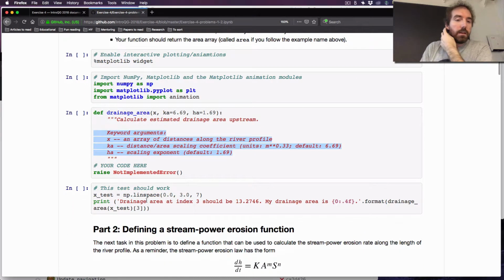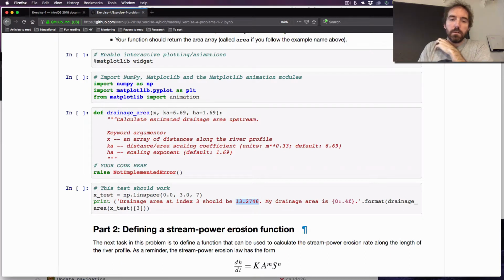So that'll be the first thing, and then you're given again like the tests in the past. Some example here where like this test should work, right? So when you run this, I give some dummy list of values of x from 0 to 3, and then it says drainage area at index 3 should be this, and then when you run your code, you should see that if everything is working right in your drainage area calculation, you should get back that value at index 3.